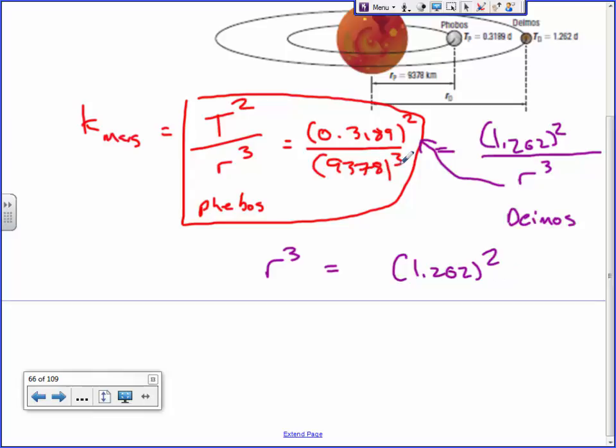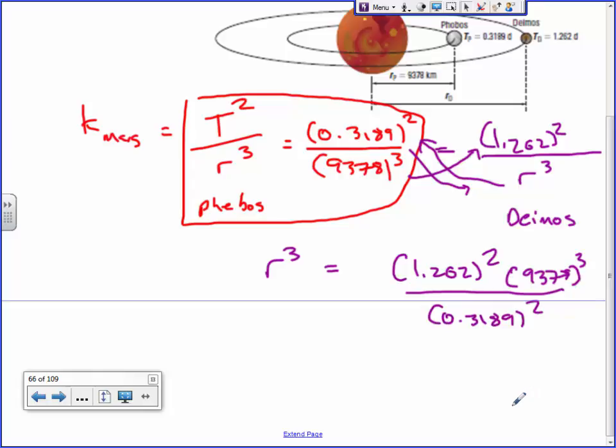This 9378 cubed number is going to have to come up top and go over here. And this 3189 number is going to have to come down to the bottom. And then when you're done, you need to cube root the whole shebang.